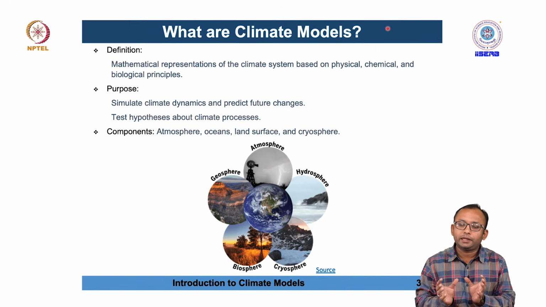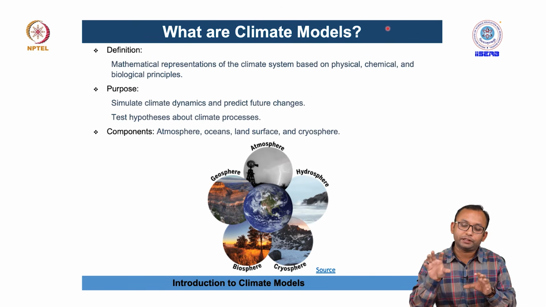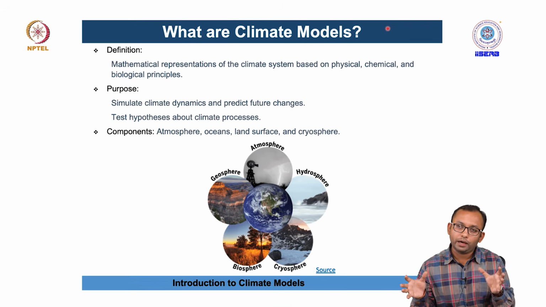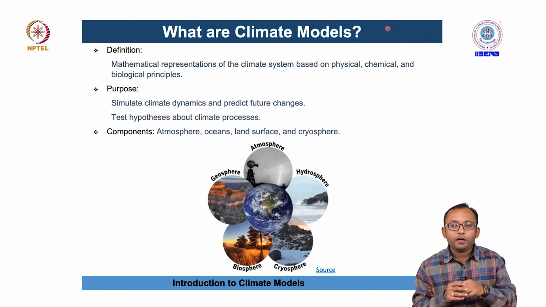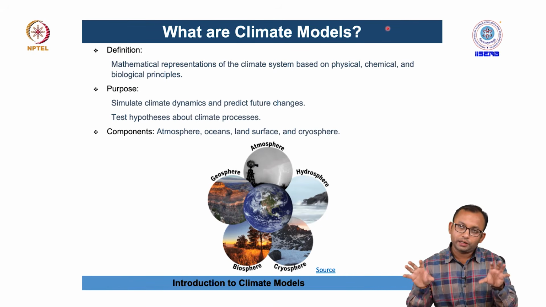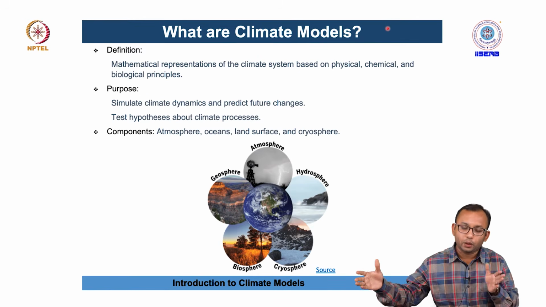When you club them together, that makes your representation of the earth system or climate, that is, the interaction of the earth system as a whole, and also at the regional scale. So, when you know about the processes of these different spheres, you can represent these processes in some sort of mathematical equation.